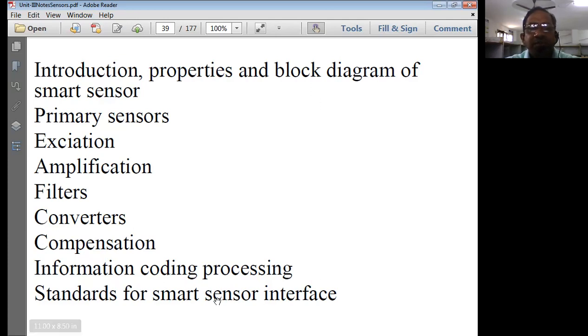The next one is information coding processing. If we want to transmit this information via internet or some other means, then information coding has to be done. That means you convert your data into ASCII code, EBCDIC code, and barcodes like that. So many codes are there.